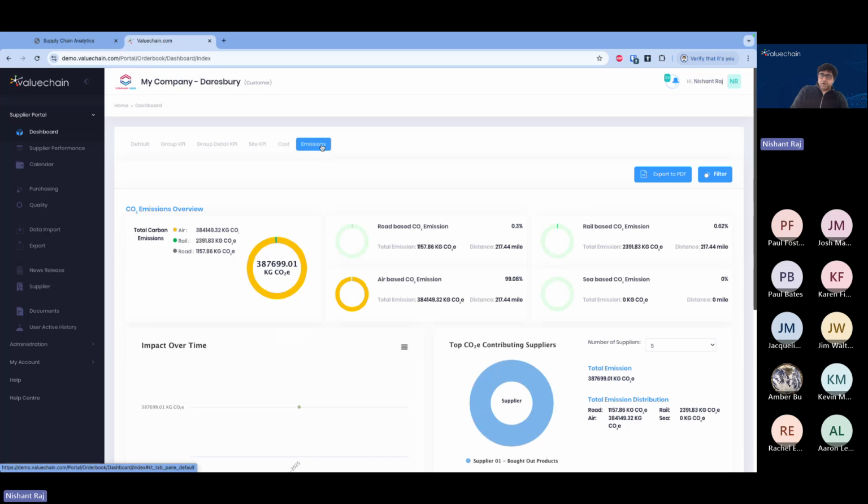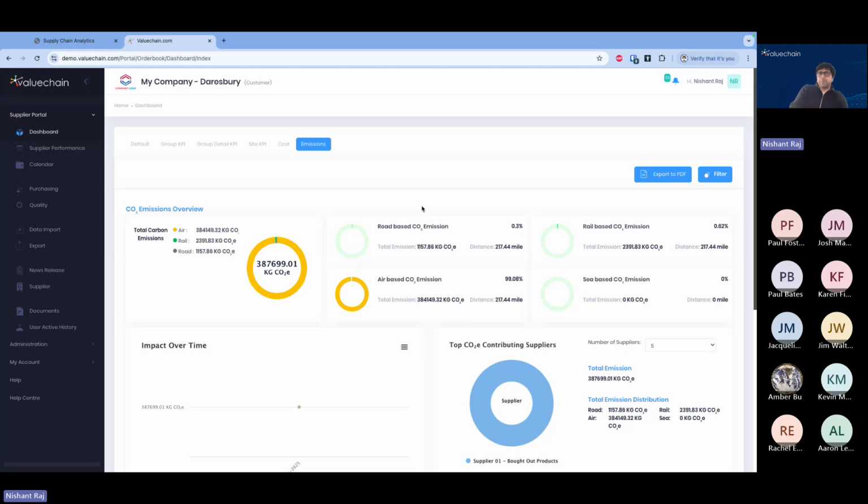So you can start to actually see directly which of your suppliers within your supply chain is contributing most to your emissions. Which mode of transportation is it utilizing?